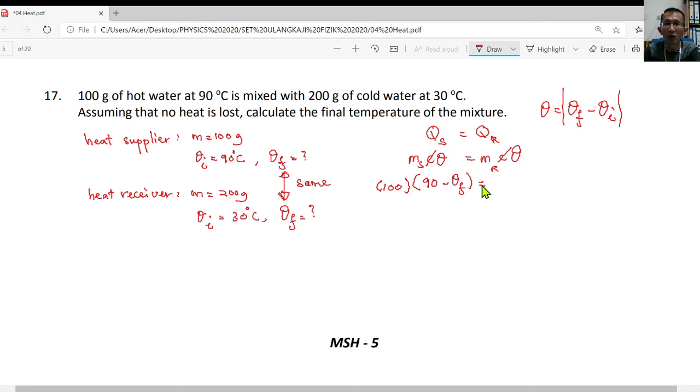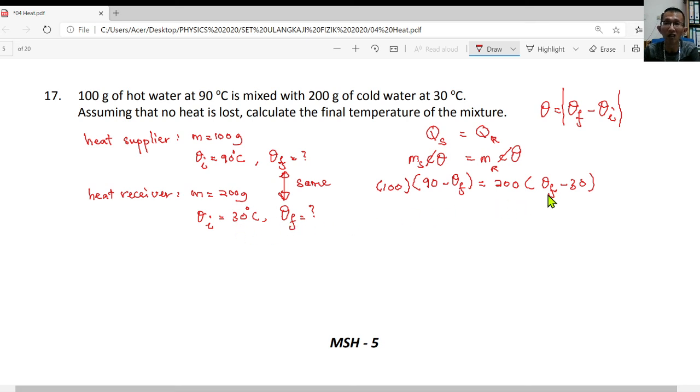Okay, so here the mass is 200. And then theta will be final temperature minus 30 degrees. So why do I put it like this? Because I do know that my final temperature would be greater than 30. So a greater number minus a smaller number, I will get positive.